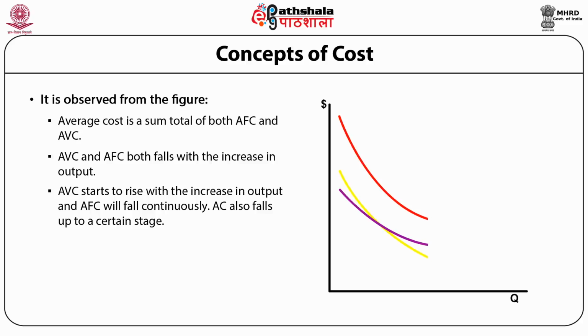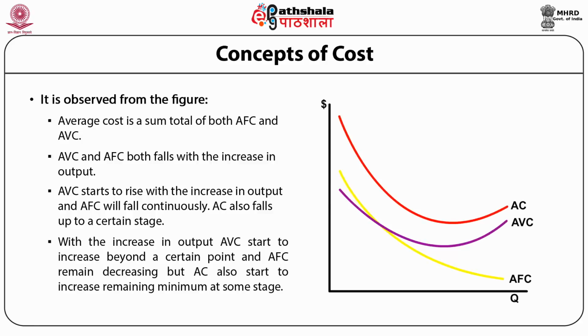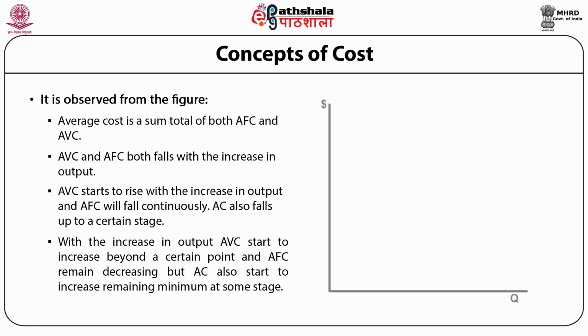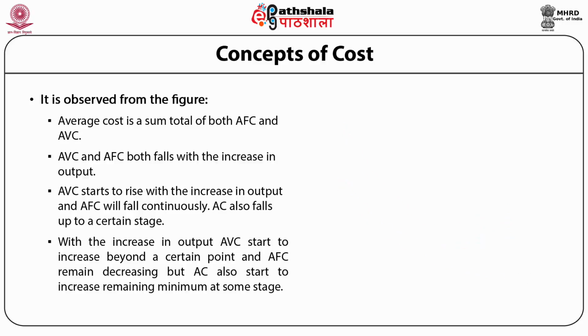AC, that is average cost, also falls up to a certain stage. With the increase in output, AVC starts to increase beyond a certain point and AFC remains decreasing, but AC also starts to increase, remaining minimum at some stage.